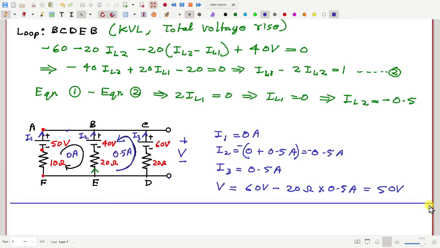That's an art that you have to develop, and there is no general guideline. For some problems, some methods will be easier to use, some methods will be more complicated to use.